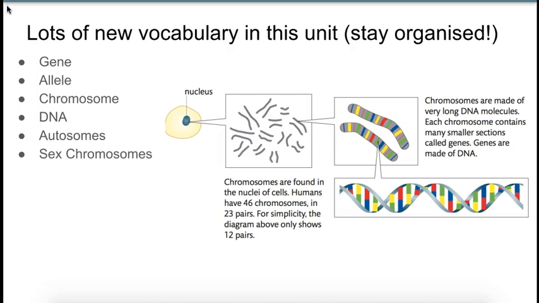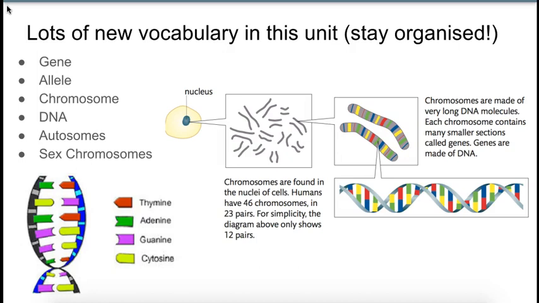This is a diagram from the book which helps to put everything in context for us. Now it doesn't include the term allele, which we'll deal with in a second, but you can see there on the far left-hand side the cell with a nucleus which contains, in a human being, the 46 chromosomes. 23 pairs, so we can see our chromosome pair there, and then we can see even further, looking into the chromosome itself, that DNA is the chemical which makes up chromosomes and therefore genes.